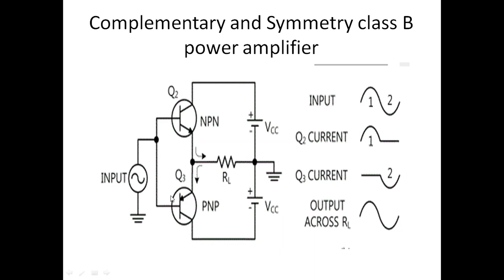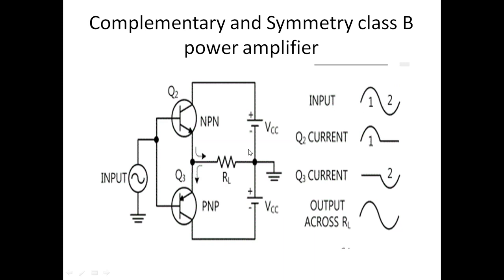Since Q3 is on, the negative signal will flow through the PNP transistor. Now the input signal will flow through Q3 and can be measured across RL, that is, the load resistance.